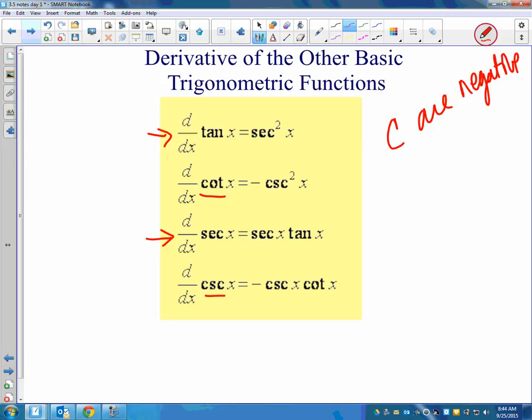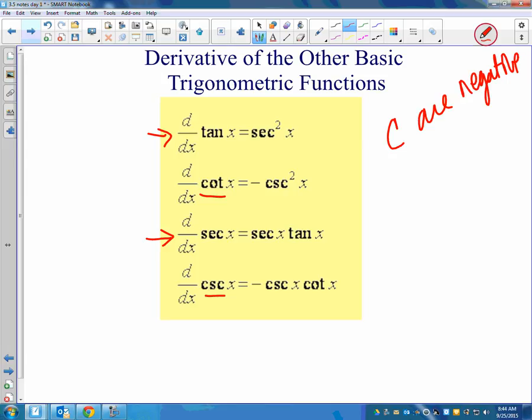Cotangent is negative cosecant squared, like tangent with secant, only it's cosecant. And cosecant is negative cosecant cotangent, like secant, only the co-ones. I don't know if that makes any sense, but that's how I remember it.